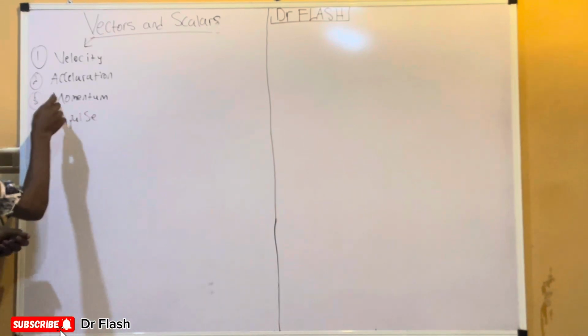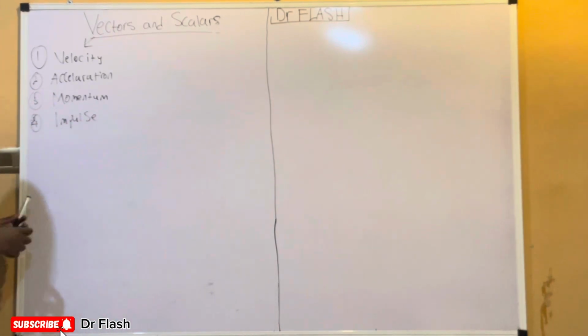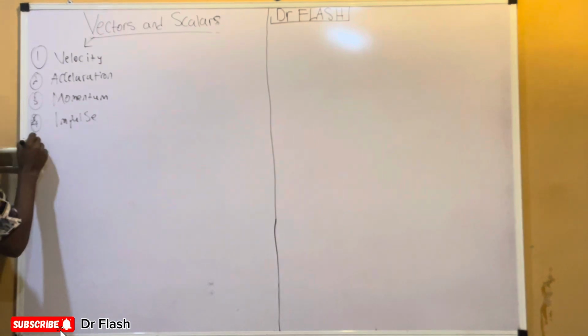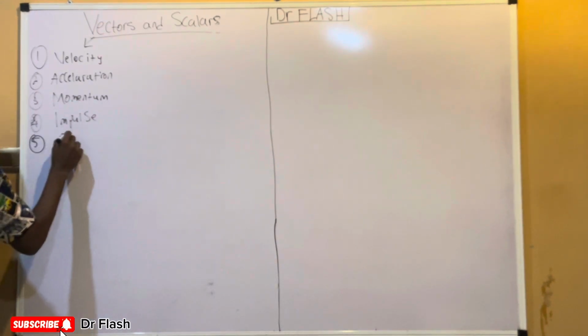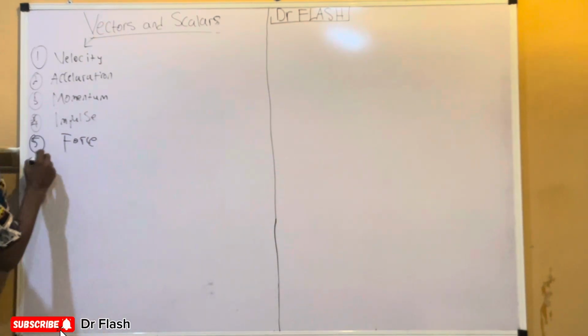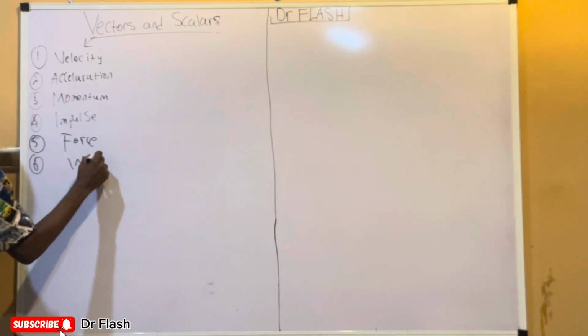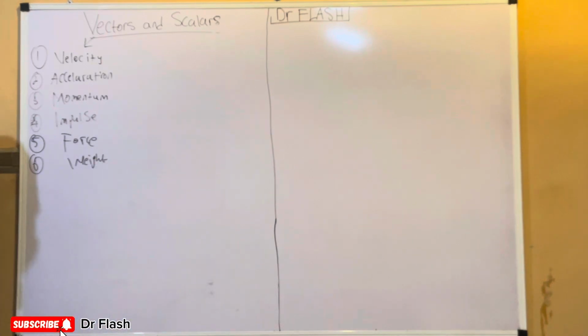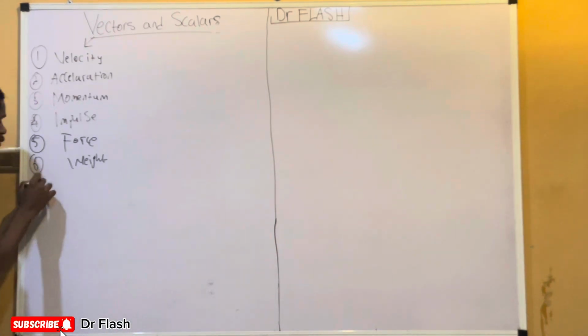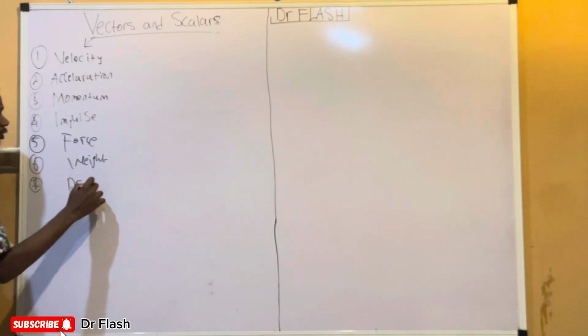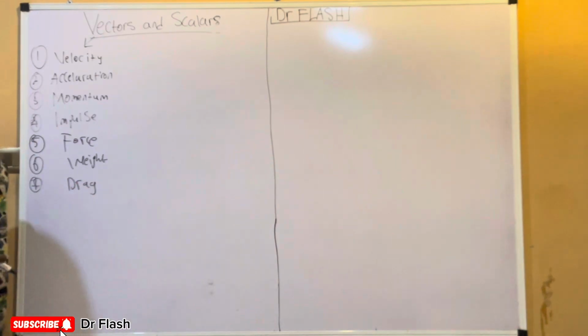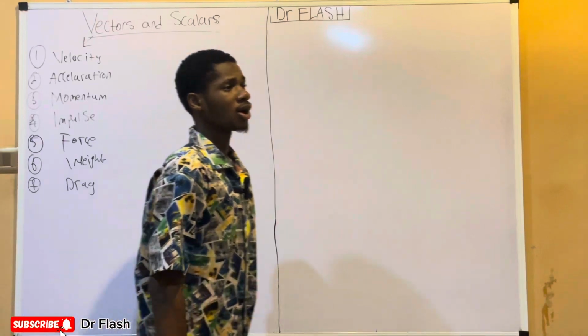So if one is a vector, the other one obviously has to be a vector as well. For number 5, we have force, and number 6, weight. In terms of force, we could have different forces: viscosity force, frictional force and the likes, and normal reaction. For number 7, I'm just going to include an extra one, which we'll call drag. All these and more are examples of vectors.